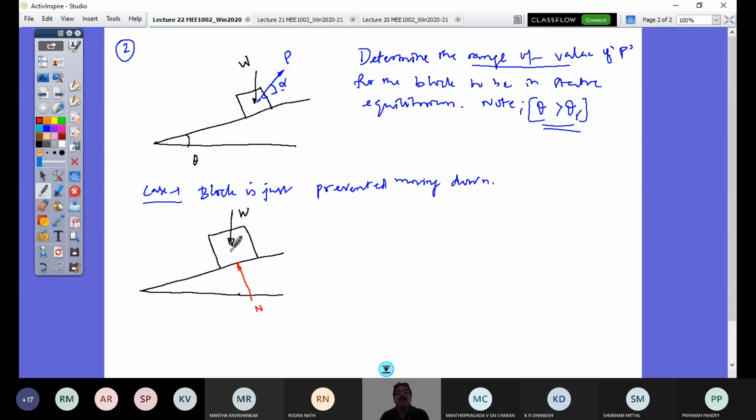It is just prevented moving down, means the tendency of this would be coming down. So the friction force would be opposing this, right? This is the direction of friction force. So what is the value of friction force? So this is the direction of friction force. I take the smaller length of this. And look at now the important configuration.